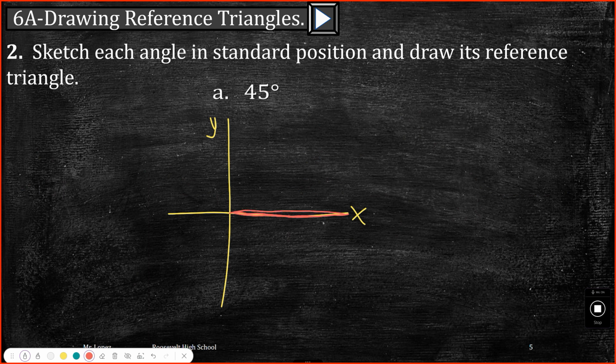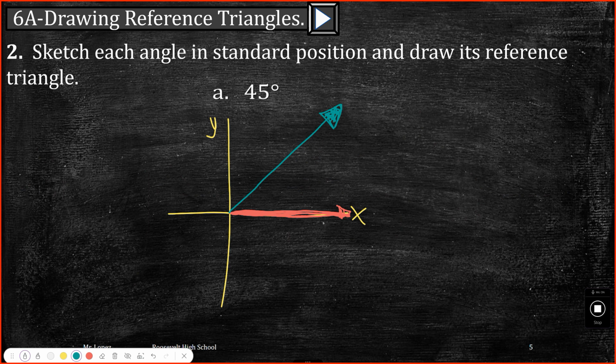So this is where you always start. This is your spinner. It's always waiting on the positive axis like this. So let's get to 45 degrees. Am I going to go up or am I going to go down? Up, because it's positive, yes? So 45 degrees is right in the middle right here. So now I'm going to draw this ray, the terminal side.